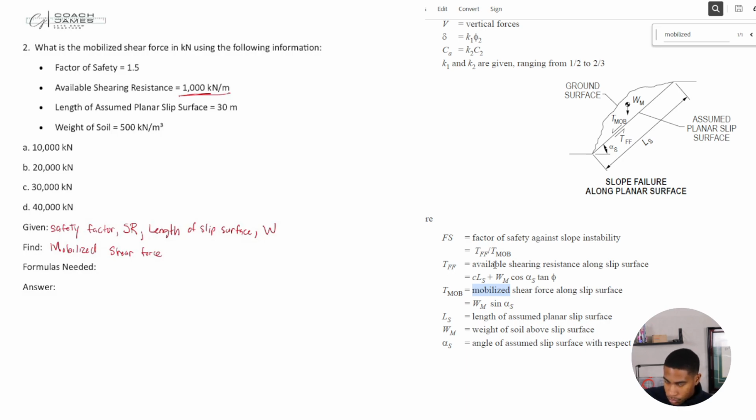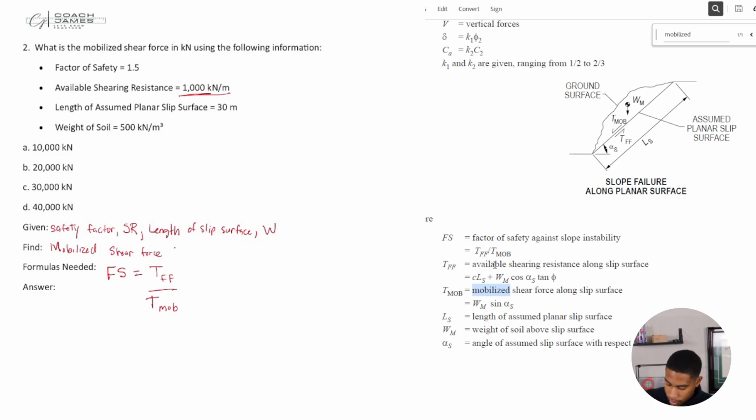So we know that factor of safety is equal to... they gave us a bunch of variables that we did not need. Had me thinking I was going to have to work way harder. Okay, so factor of safety is equal to TFF over T mob, right?